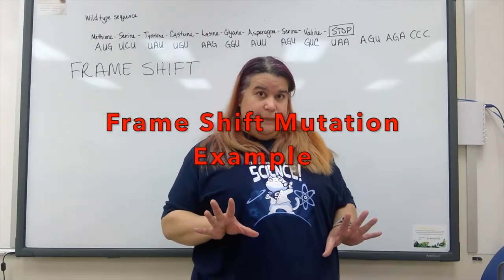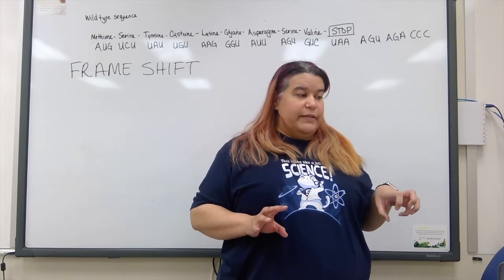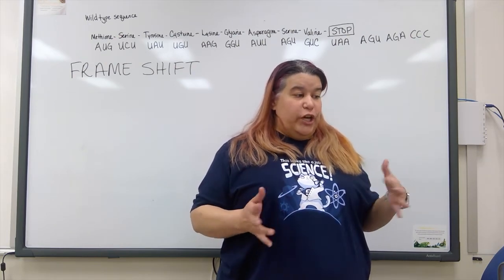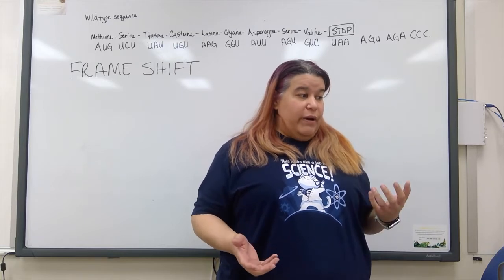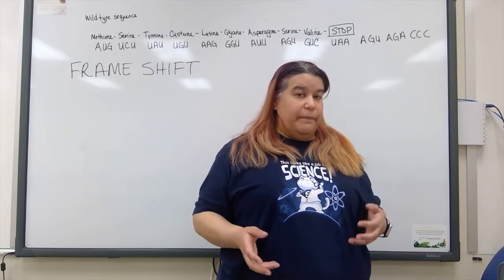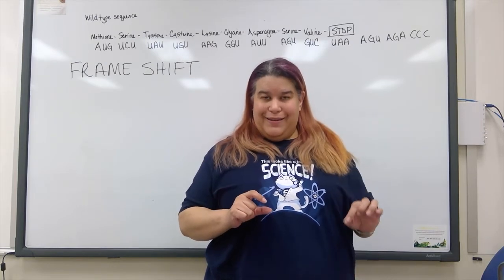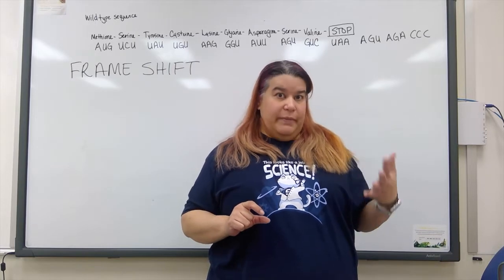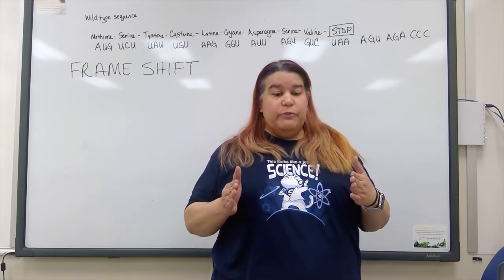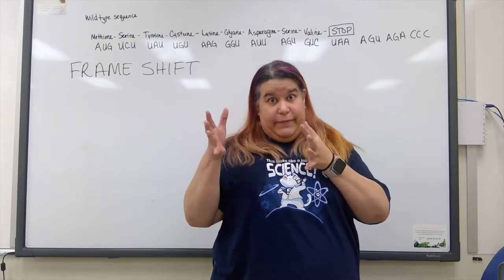Frameshift mutation. A deletion of 1 or 2 bases, which results in a changed reading frame, which alters how the codons are read during translation. Remember that every 3 letters is a specific code for a specific amino acid. In a frameshift, I delete 1 and everything shifts the other way.